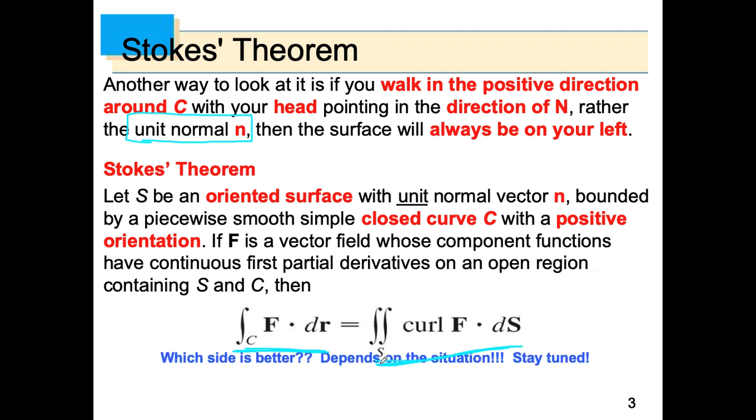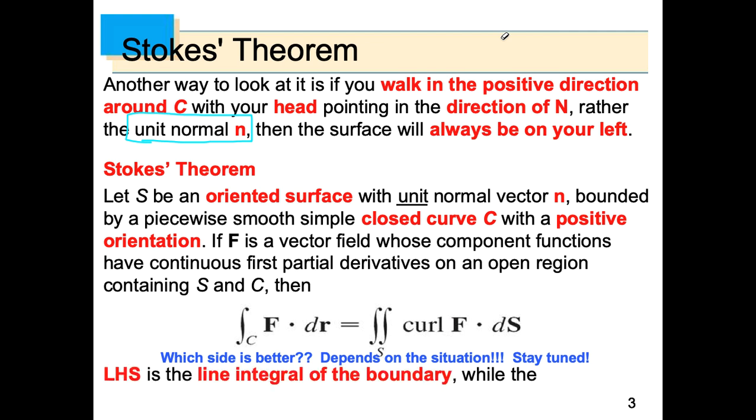The question is, which one is better? Which side of this formula should I use? It does depend on the situation, so stay tuned. Again, the left-hand side is the line integral of the boundary C, while the right-hand side is the surface integral of the curl.